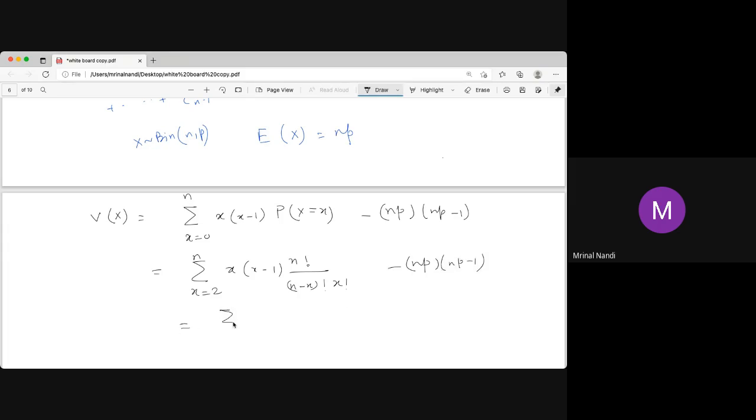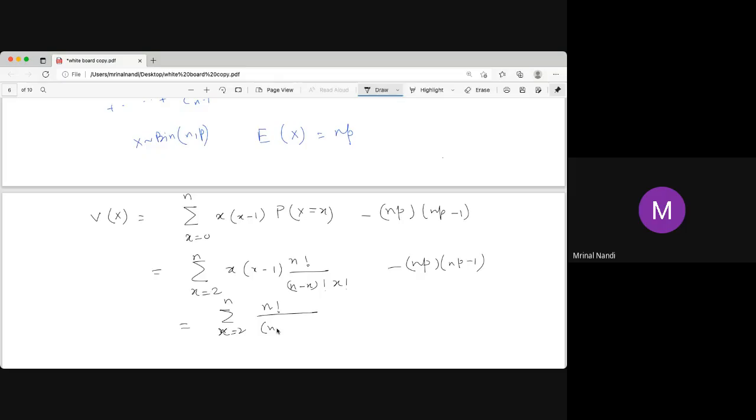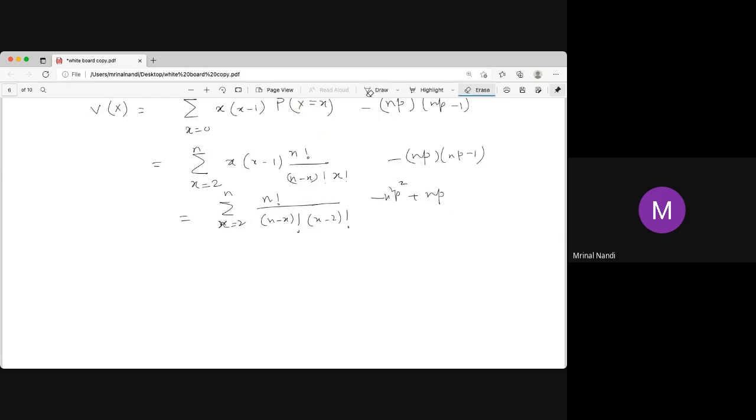It's just the same trick. Minus x factorial and then x minus 2 factorial, and then it is n square p square plus np. The rest are the same trick. You just take n into n minus 1 p square common.